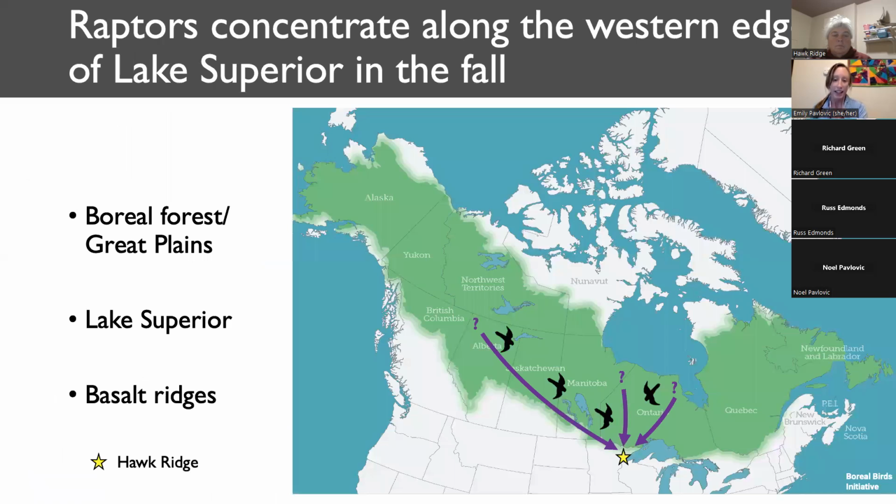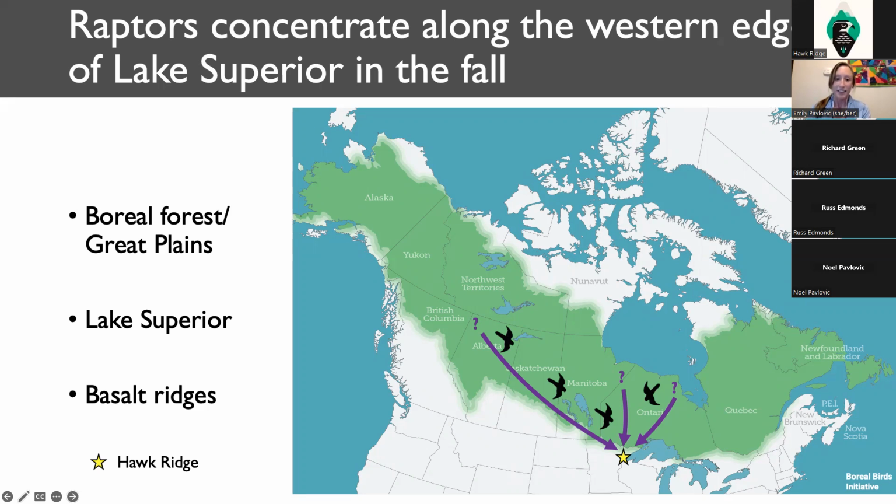Here in northern Minnesota at Hawk Ridge, raptors tend to concentrate along the western edge of Lake Superior due to a variety of landscape features. Raptors tend to follow the boreal forest, which is shown here in this green color.